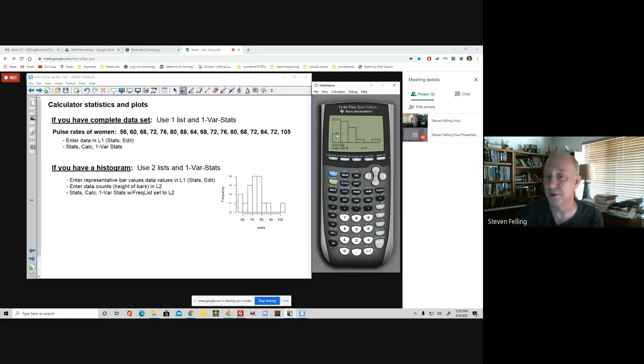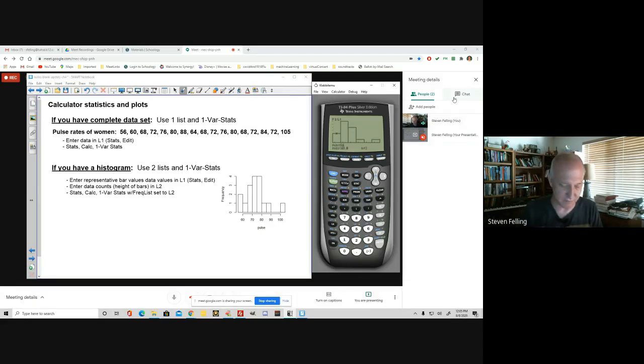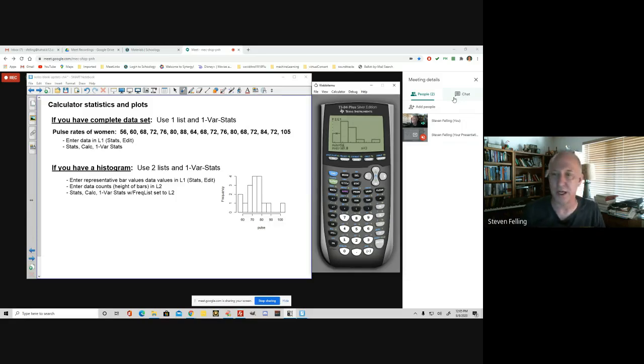Actually that would be a little small. What is this now? 65.8 minus 56, so this is 9.8. So maybe I want to make this exactly 10. So I want maybe this to go from 55 to 65 exactly, and then this one from 65 to 75.